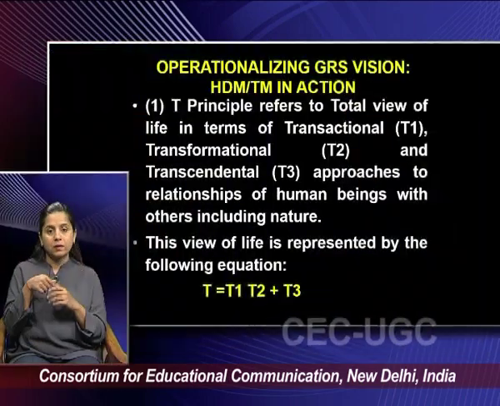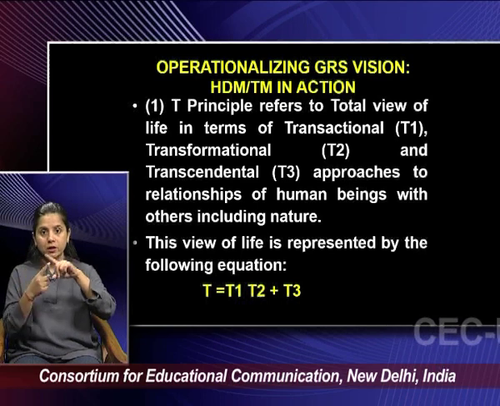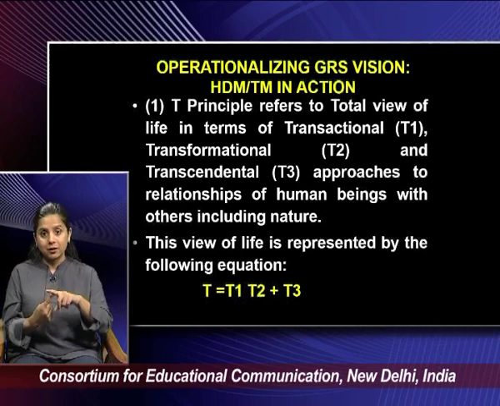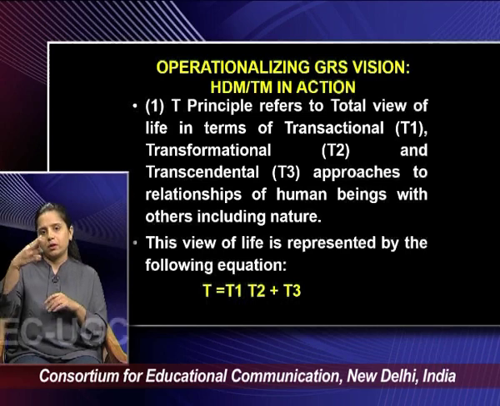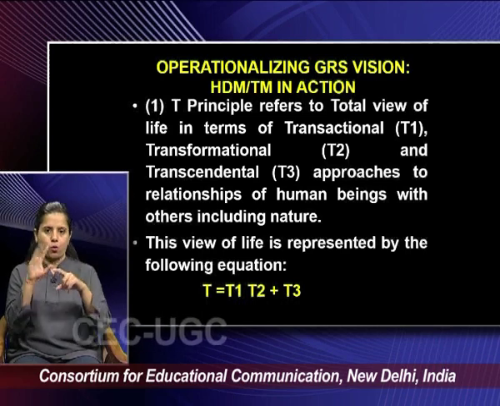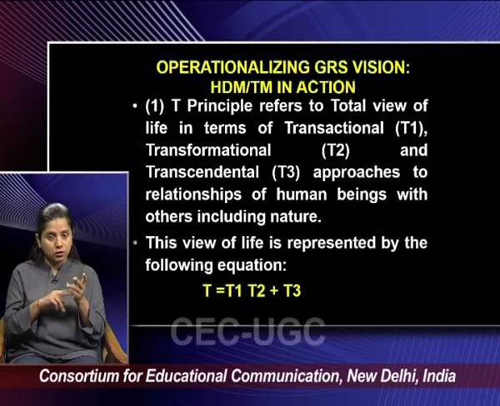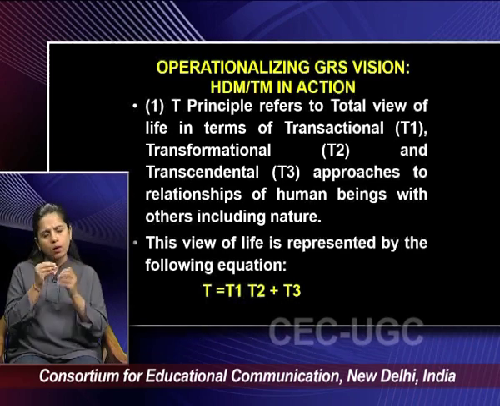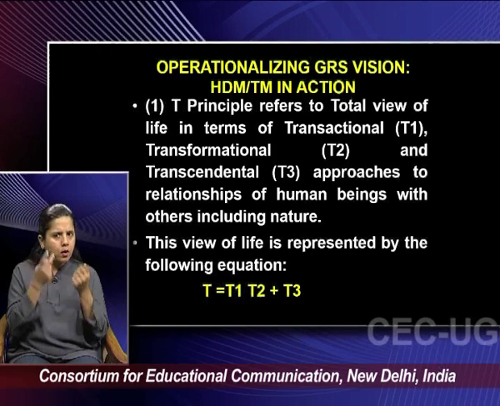T is represented by T1, T2 and T3, so it is the sum total of all three. Transactional is equally important along with transformational and transcendental. Whatever you find in the total view of life comes from all three approaches, be it transactional, transformational or transcendental.